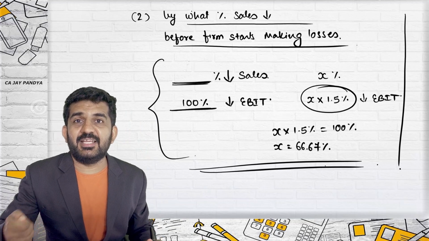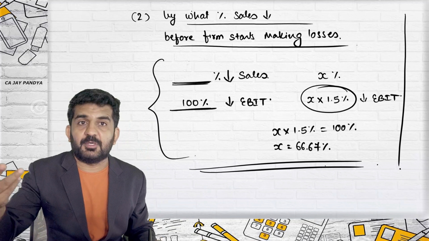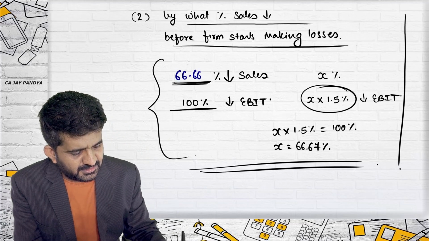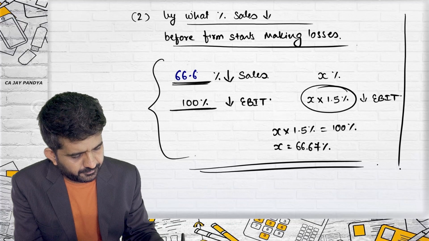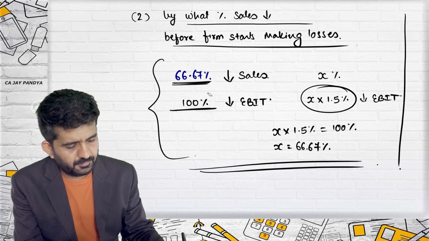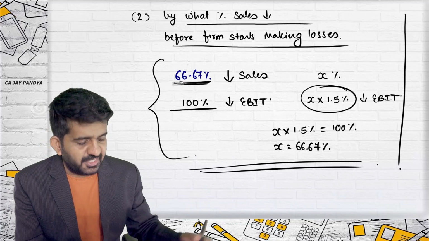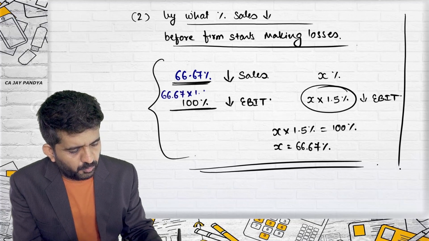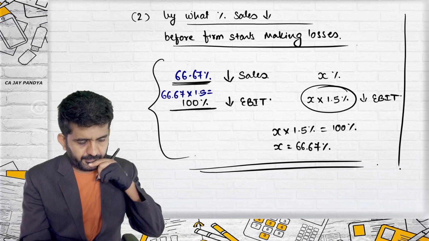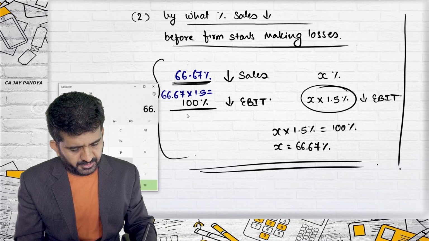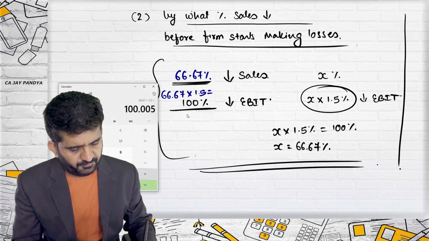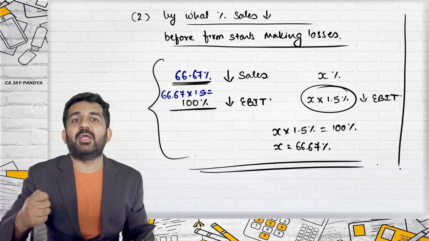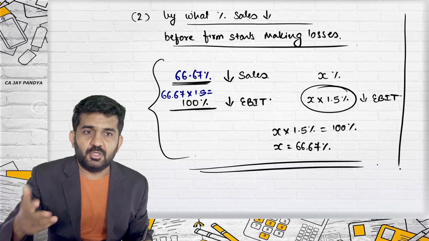If the sales decrease by 66.67%, what will be the percentage decrease in EBIT? It will be 66.67 into 1.5. Is it 100%? That was required. They are asking us when the firm will start incurring losses.